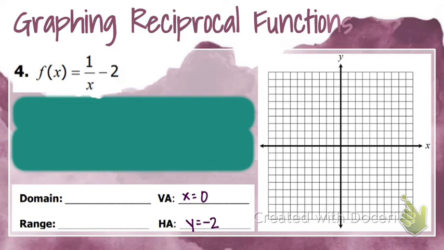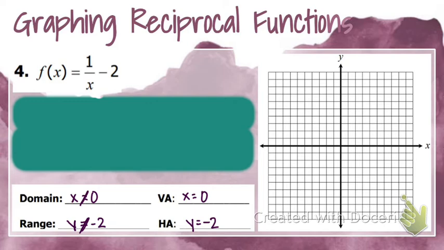So our domain and range is always the exact same thing as the asymptote, but not equal to. So y does not equal -2. It's always going to be that way for these reciprocal functions.